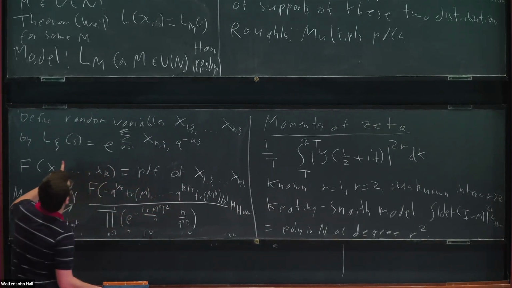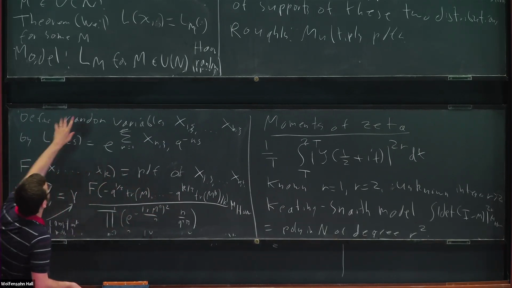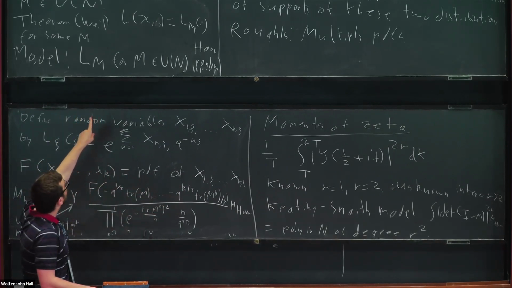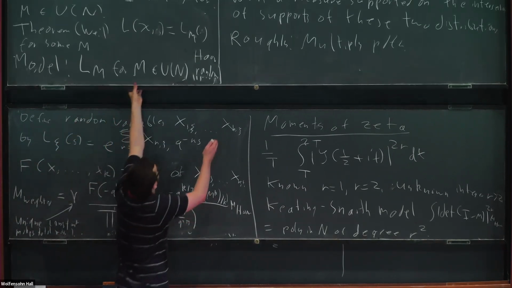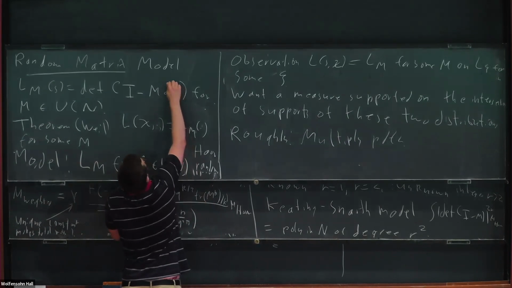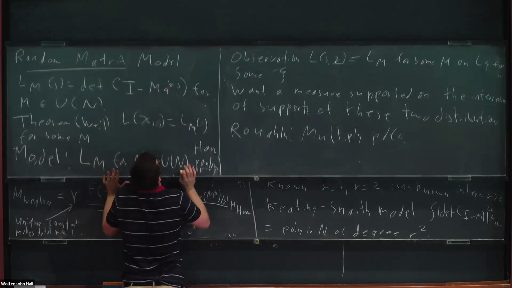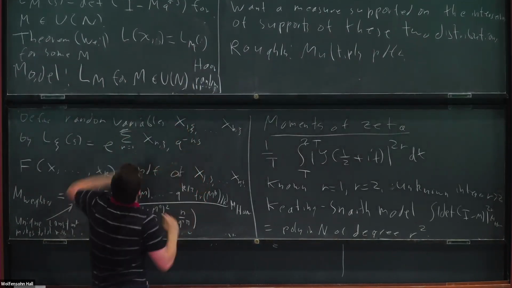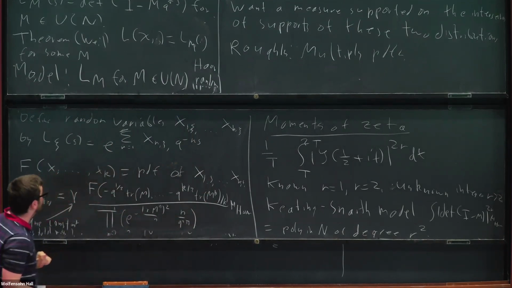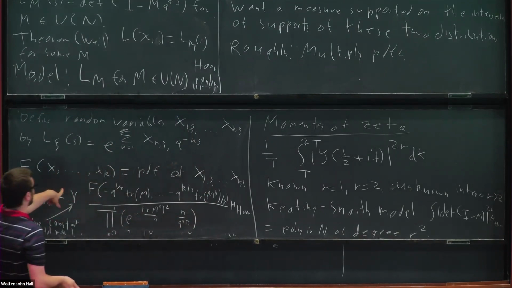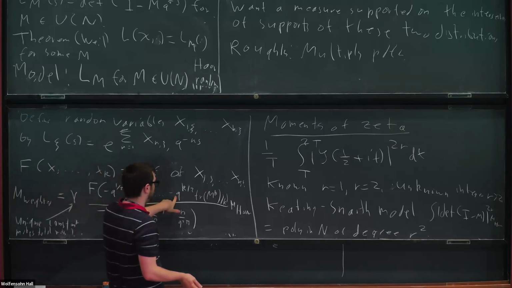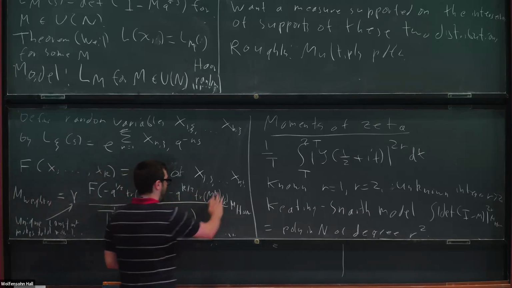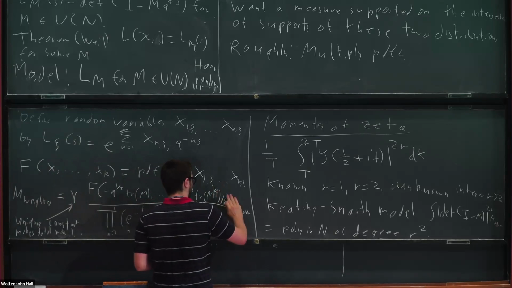If you calculate the logarithm of the determinant of I minus m q to the 1/2 minus s, the first coefficient is minus q to the 1/2 times the trace. The kth coefficient is minus q to the k over 2, trace of the kth power, divided by k.